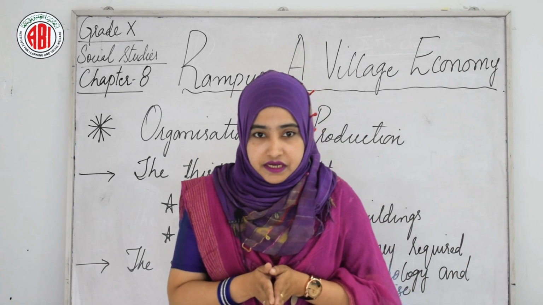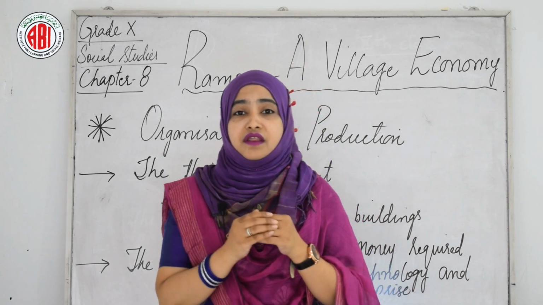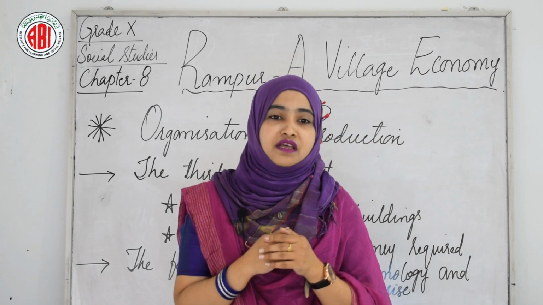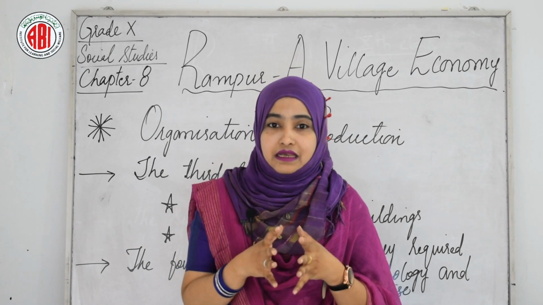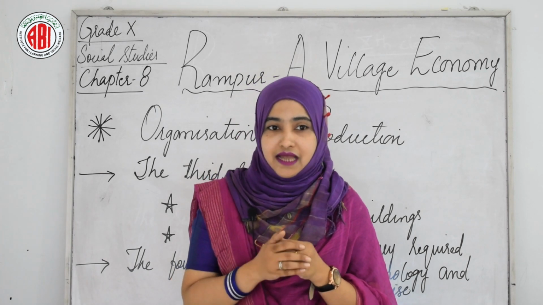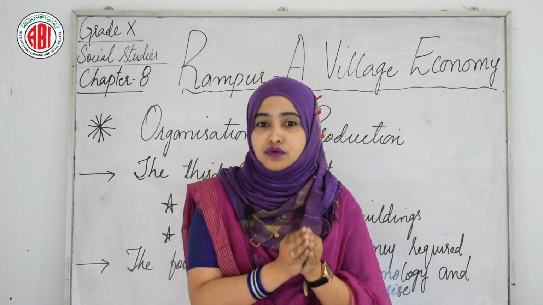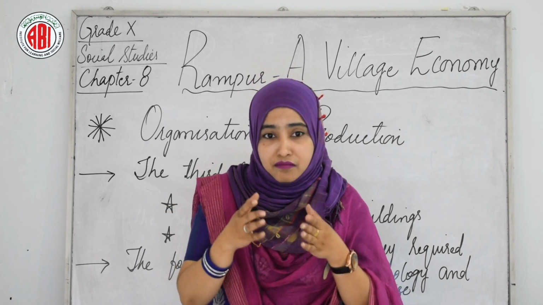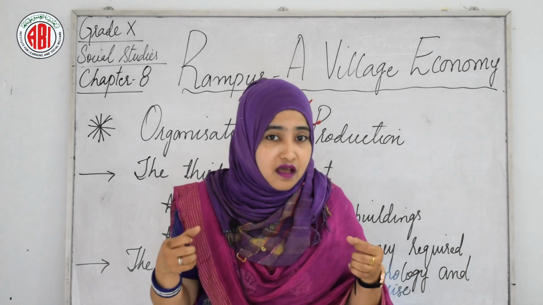Now, raw materials and money required. Various raw materials such as the yarn used by the weaver and the clay used by the potter are used in production. Some money is also required to buy other necessary materials and to make payments for completing the production.